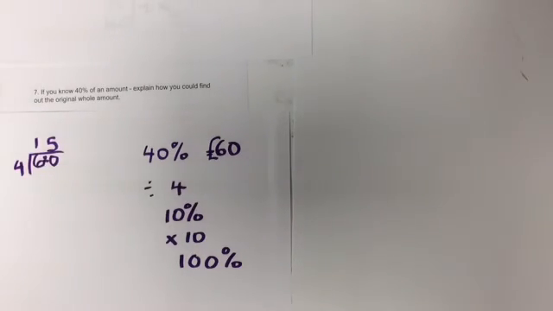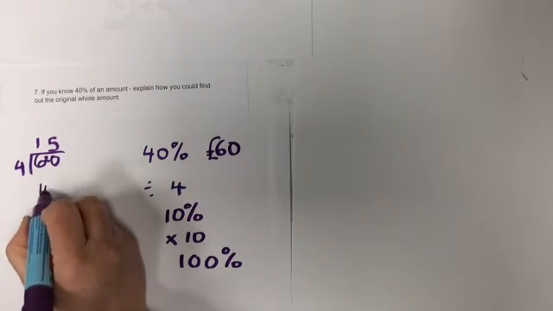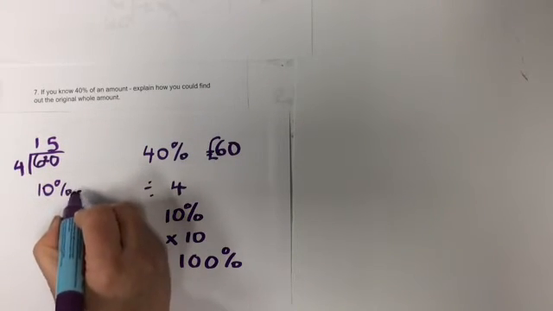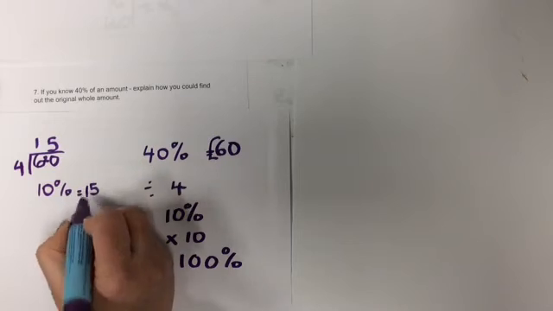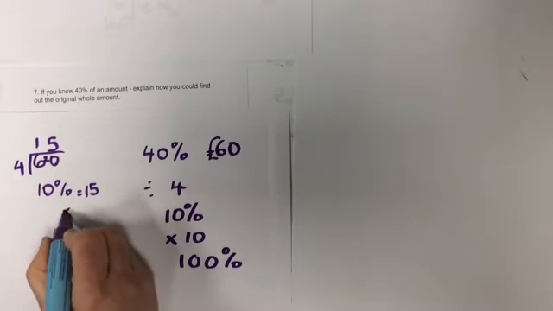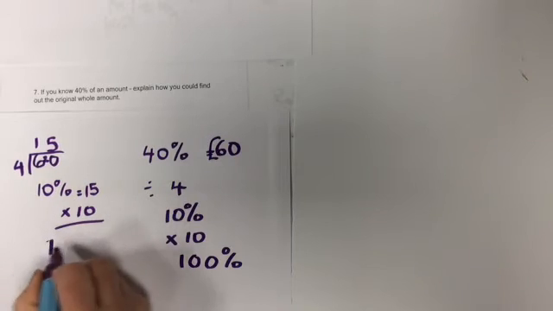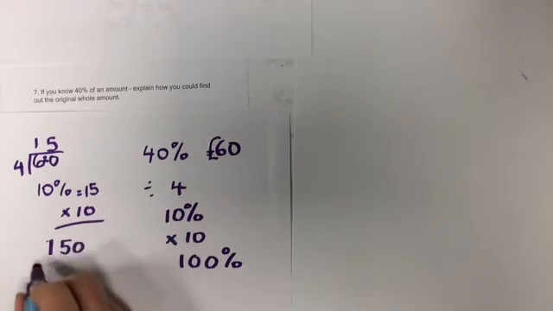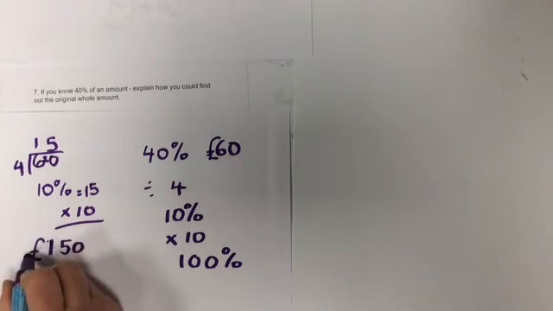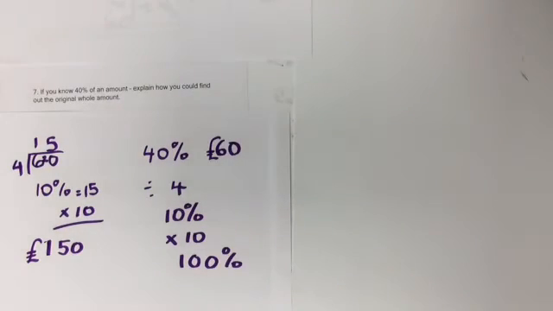So 15, that would be 10% equals 15. So I then would multiply that by 10, which I know is 150, to find my original figure. And that would be the 100%. Might be worth pausing the video and having a go with some different figures and seeing if you can work that out.